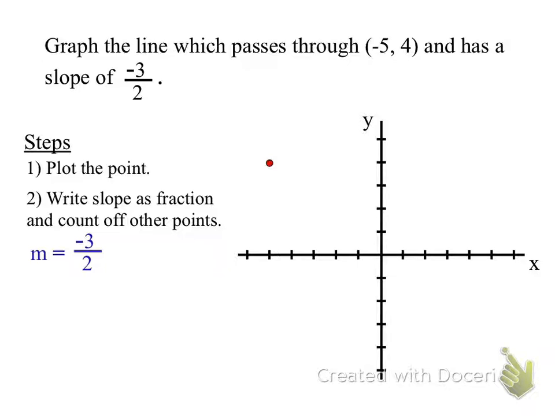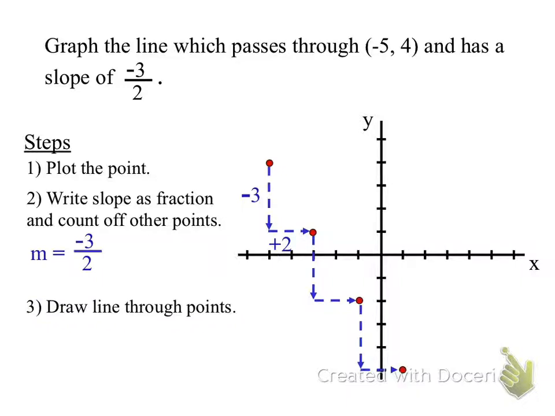You're going to go down negative. I'm going down 3, and then which way for 2? Right or left? Right. To the right because it's positive. And I'm going to go down 3, right 2. Down 3, right 2.